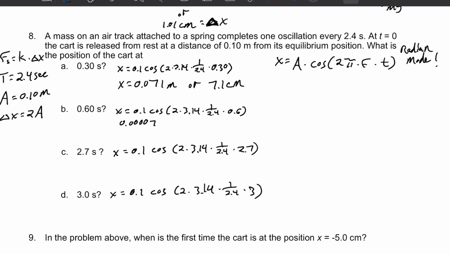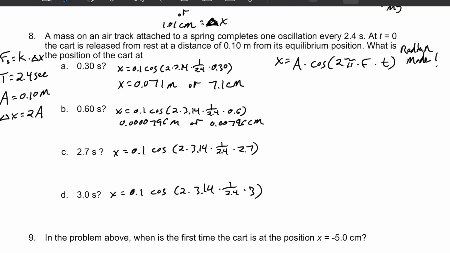So B would be 0.0000796 meters. Multiply that by 100, gets a little bit cleaner, 0.00796 centimeters. C would be 0.1 cosine, automatically opens the parentheses for us, 2 times pi times 2.4 x to the negative 1 times 2.7.